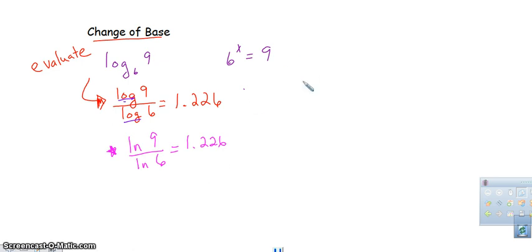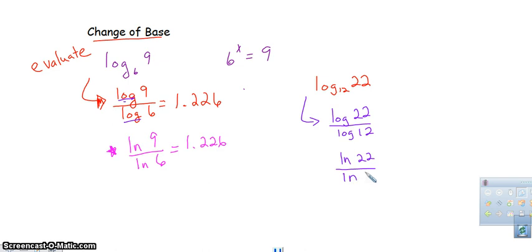So let's just try another one. It's very, very easy. Log base 12 of 22. To find that, you can make that the log of 22 divided by the log of 12, or you could write that as the natural log of 22 divided by the natural log of 12.